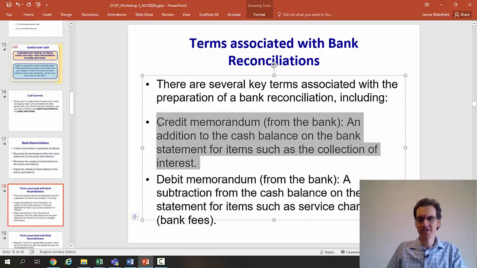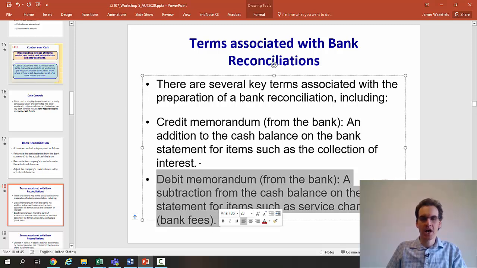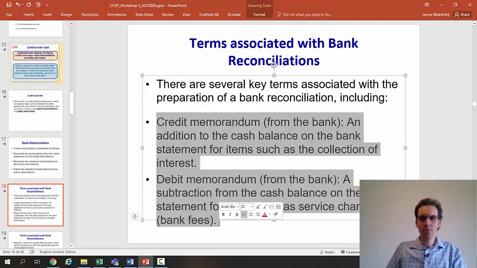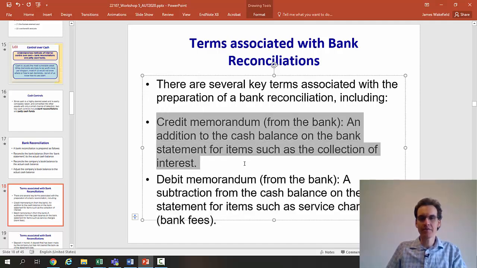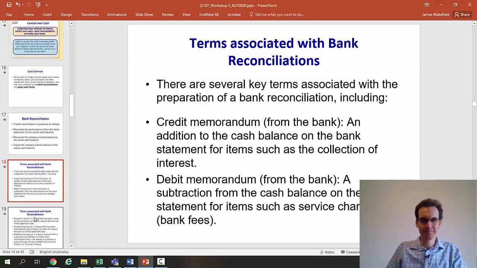So if the bank is charging you some bank fees, you may want to investigate that. Okay, now these are two key areas we need to look out for when we're analyzing our bank statement. And in particular, we're looking for these two types of things that we may not have been aware of until we look at our bank statement.